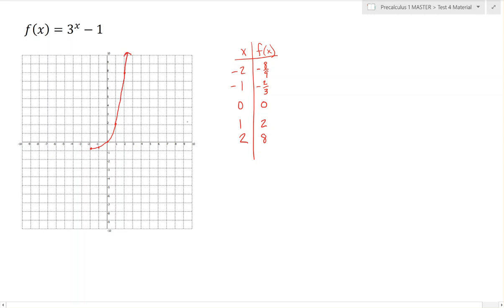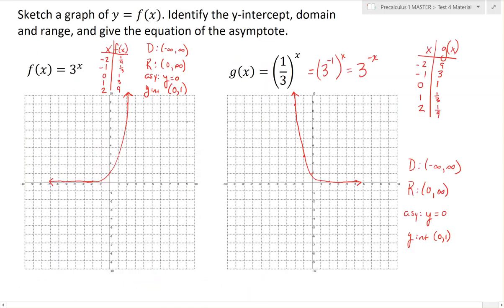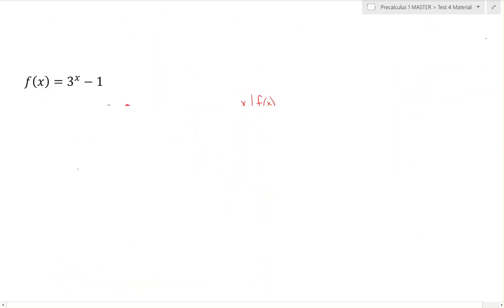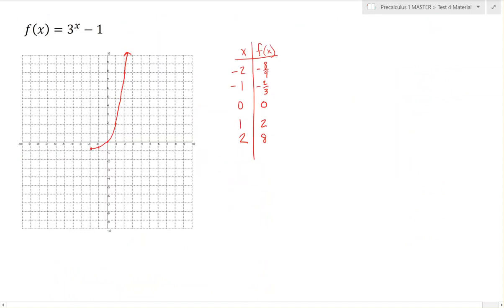When we graphed this before, without the -1, it was approaching 0 there. Now we're approaching y equals -1. We subtracted 1 from the original function, so all of the y's get 1 subtracted from them. Even my points. This was a 9, but I subtract 1 from it. It was a 3, but I subtract 1 from it, and so on.